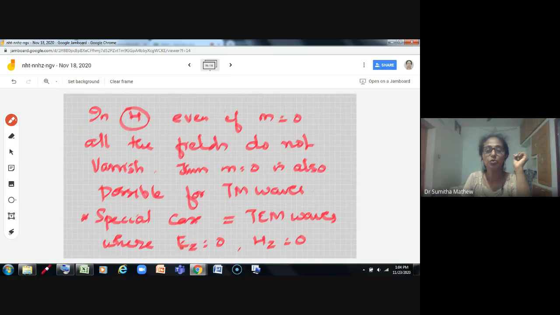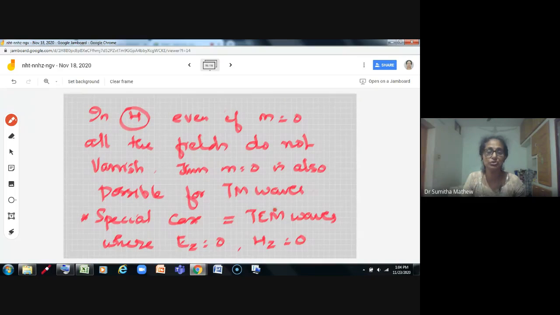That means both the electric and magnetic field components in the Z direction are becoming 0. Such a case we call the transverse electromagnetic waves, a special case of TM waves actually, not for TE waves, only for TM waves.